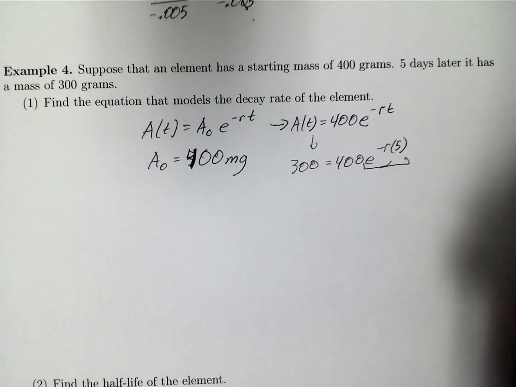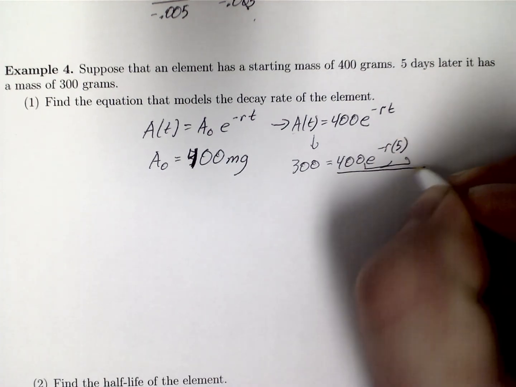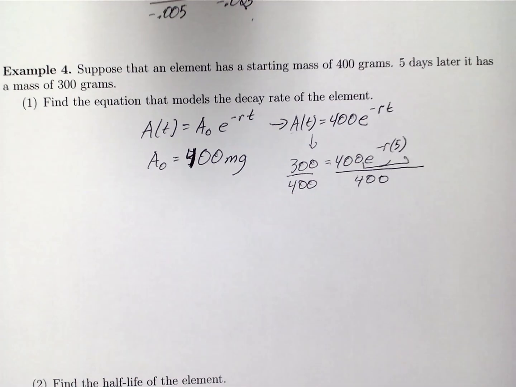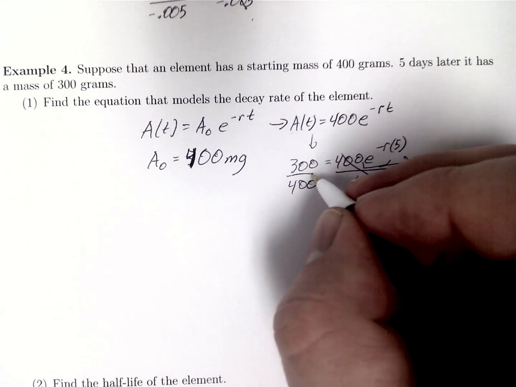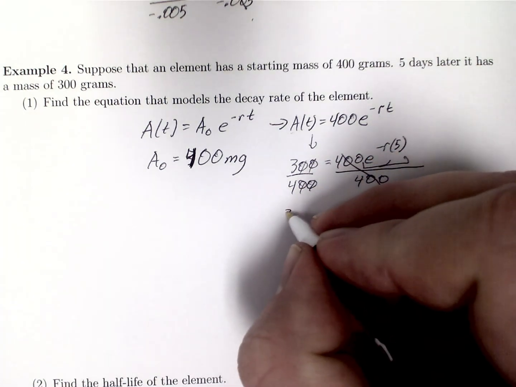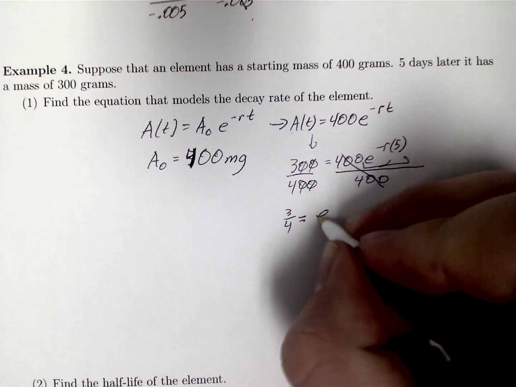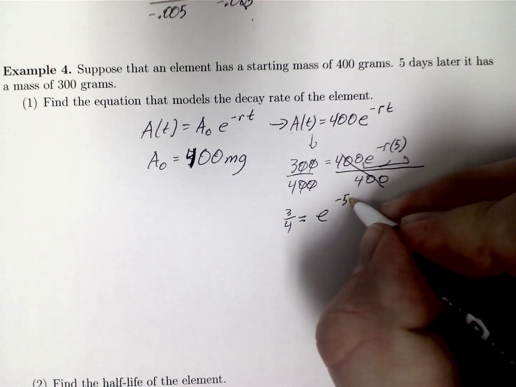And now we're going to solve for our r. So we isolate the exponential, which means we divide by 400. And then 300 divided by 400, we can just cancel out the zeros, 2 zeros here, 2 zeros there. So 3/4 equals e to the negative r times 5, which is negative 5r. We can simplify that.